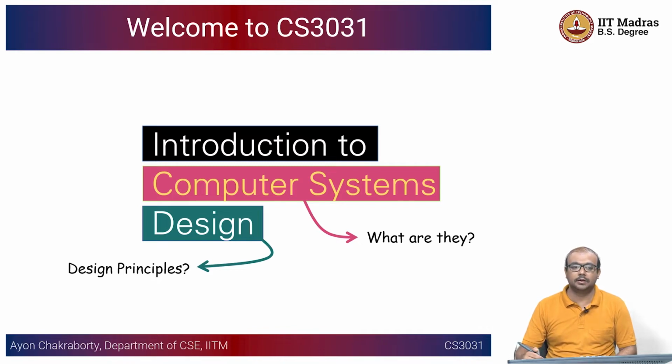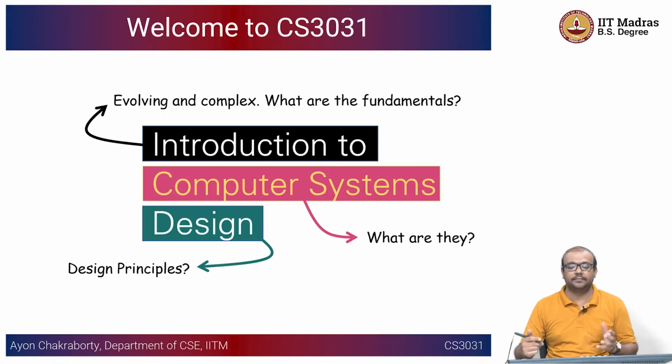We are going to go into a deeper discussion of the design principles, and this is an introductory course, so we are going to be somewhat restrictive, because computer systems, as we see today, are continuously evolving and complex. We will look into a few examples and understand how complex systems can be.